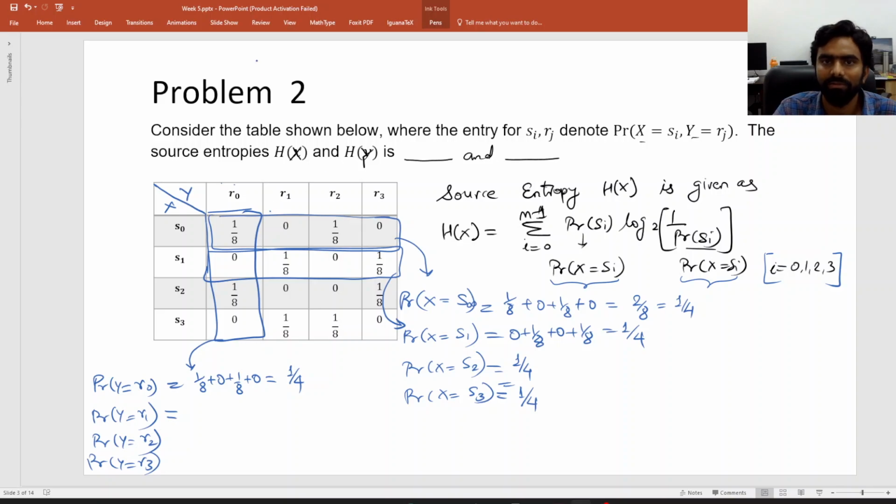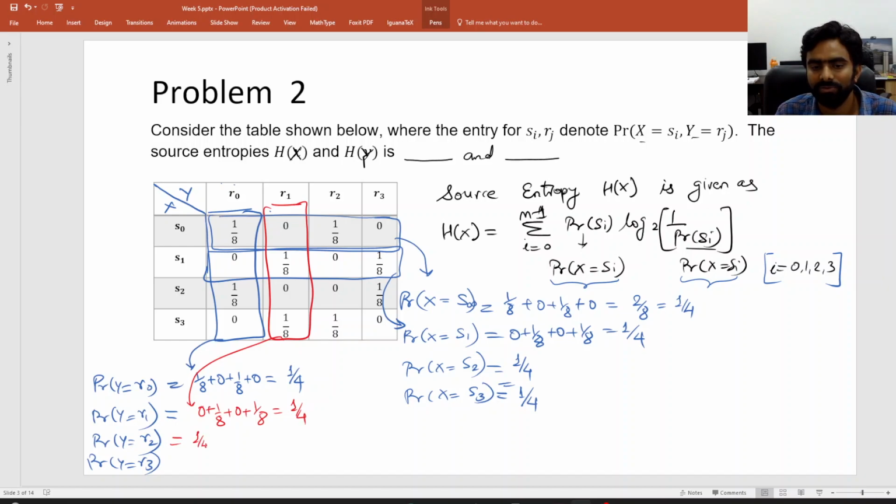Similarly for R1. Here the values are the same, that's why it is coming the same, but remember it will not be the same for each table. If the table is different, it would be different. There is no such condition that all should be equal.